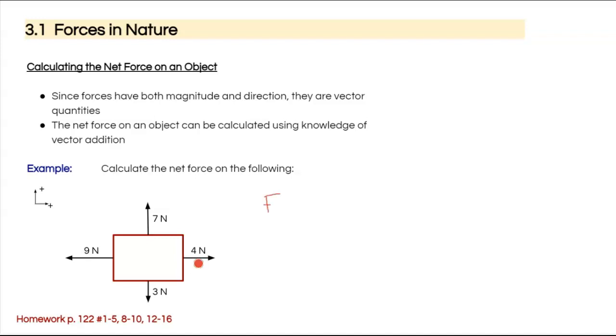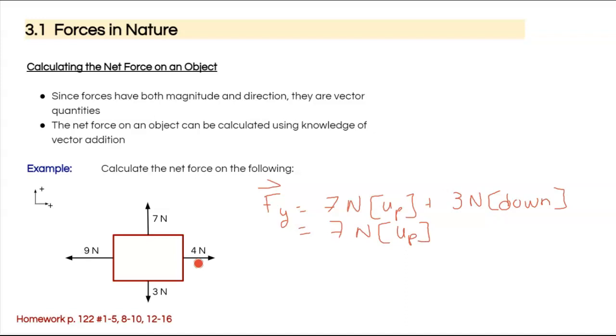So the forces in the y direction are going to be 7 newtons up plus 3 newtons down. Of course, we're going to make those directions the same in order to be able to combine them. Right? Negative up is equal to positive down.